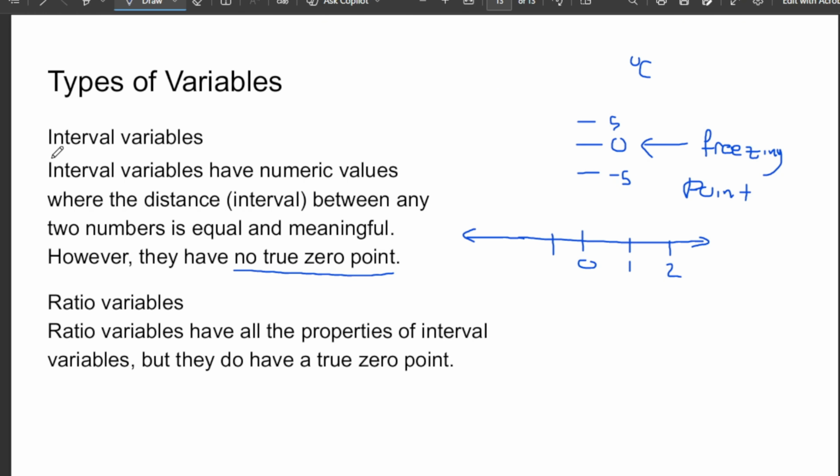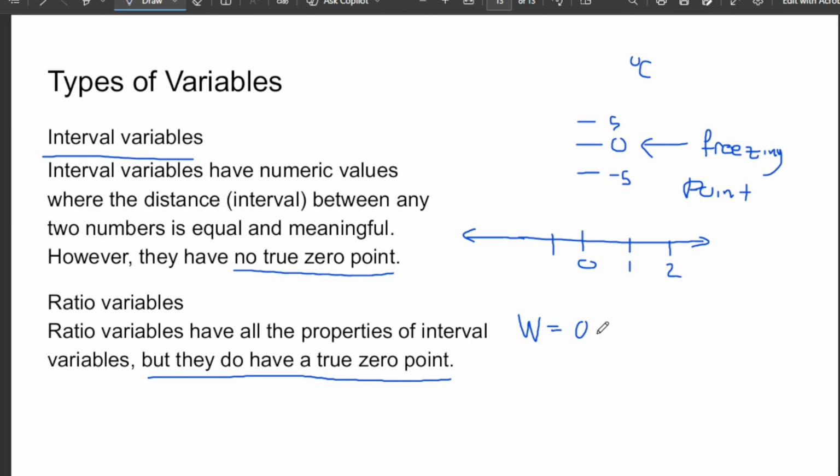That's for interval variables. How about ratio variables? Ratio variables have all the properties of interval variables, but they do have a true 0 point. An example would be weight or height. If we have weight 0, that means there's no weight; it has absence.